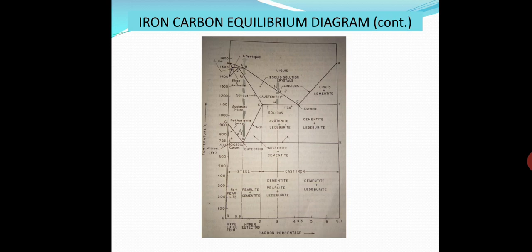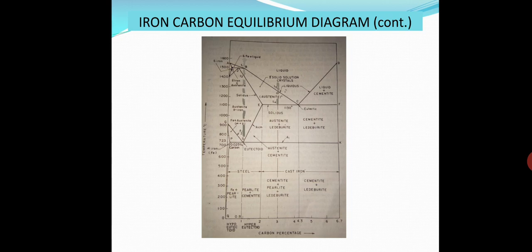And when the percentage of carbon is more than 0.8 up to 2%, that is known as hypereutectoid steel. Here the phase change results in austenite changing into pearlite and cementite.